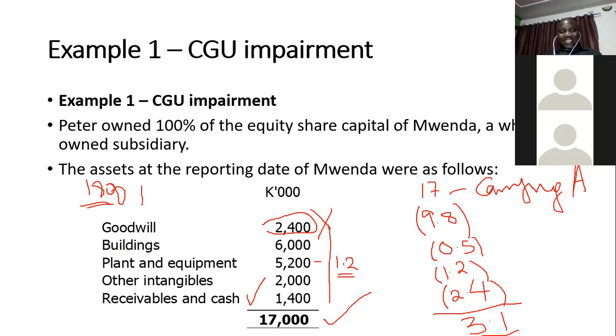In the bank, you have 200. Then your company has had all these assets. Then it is burnt to ashes. Your company is burnt to ashes.